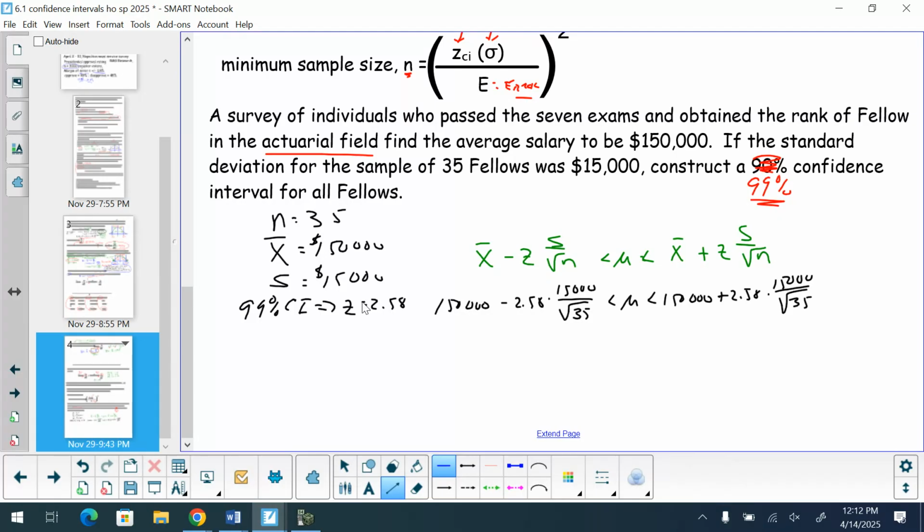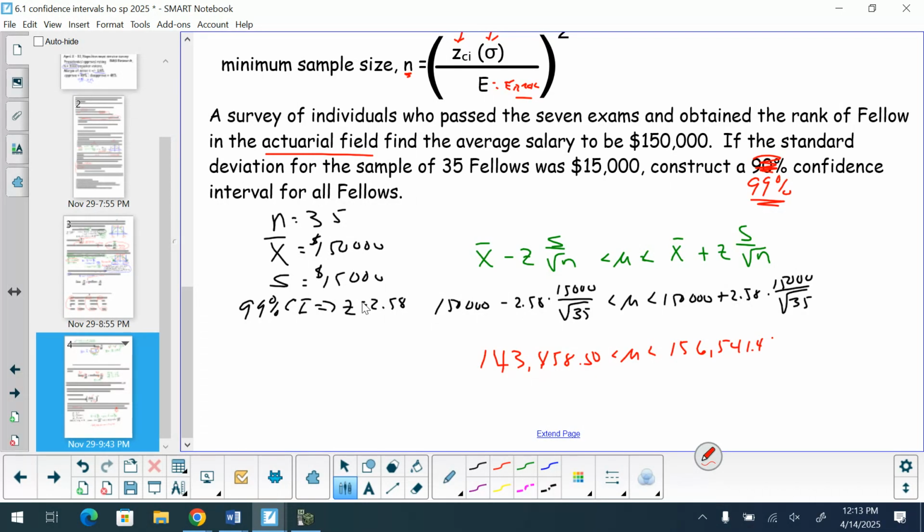Crunching these numbers, we come down to 143,458.50 and then 156,541.49.